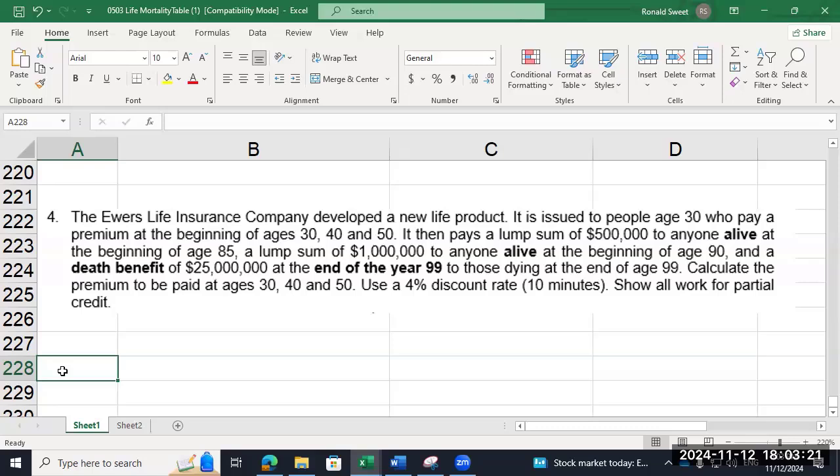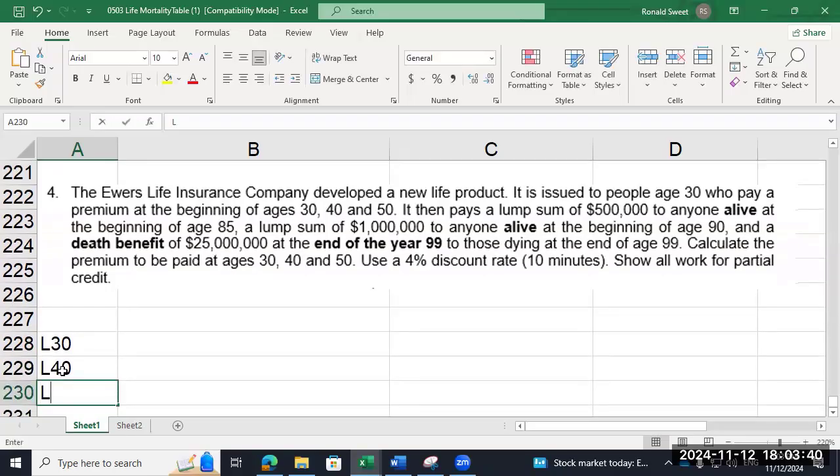I don't know why I call it Uhr's Life Insurance Company. It's usually named after someone in the news, but they have a product that's issued at age 30. They're going to pay a premium at the beginning of age 30, 40, and 50. So we already know we're going to have L30, L40, and L50.